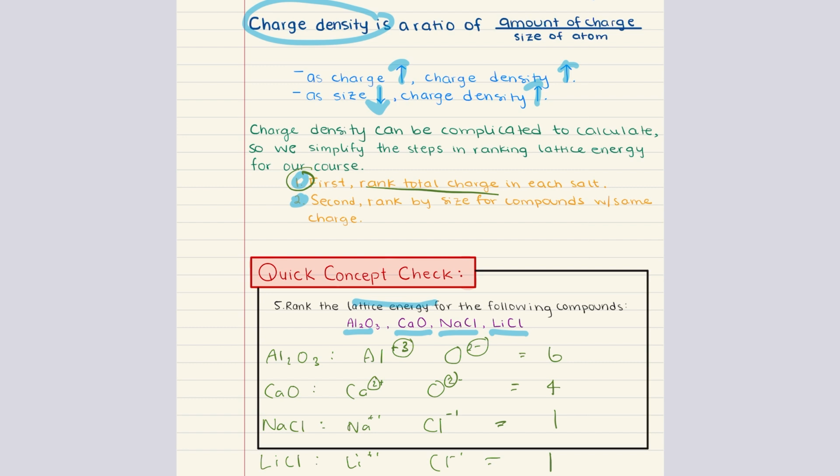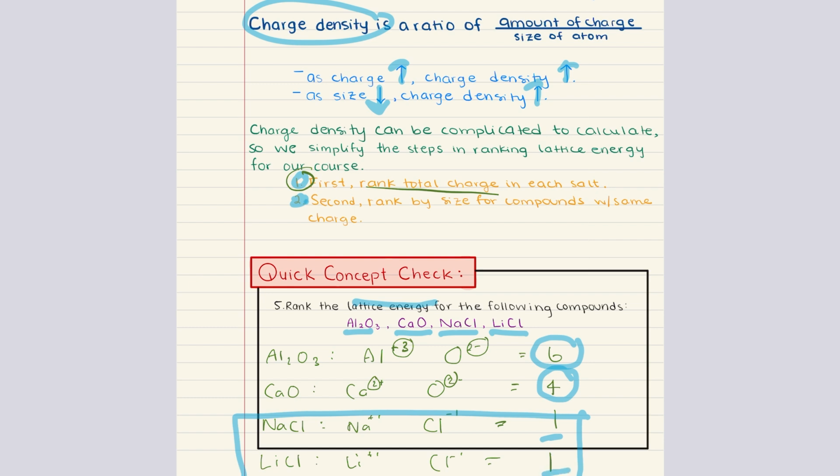Now, since lattice energy increases with higher charge, we can already establish at least 2 of the rankings. Aluminum oxide is going to have the highest lattice energy, followed by calcium oxide. But what about sodium chloride and lithium chloride? They are tied for the total charge.